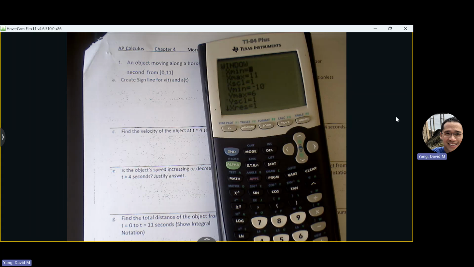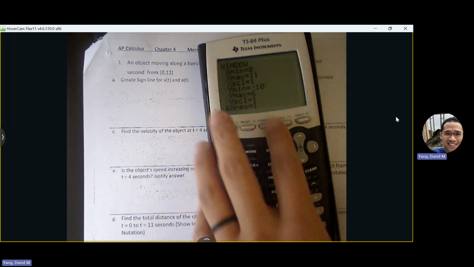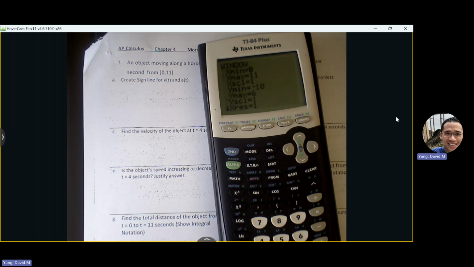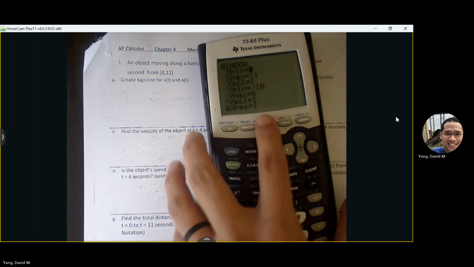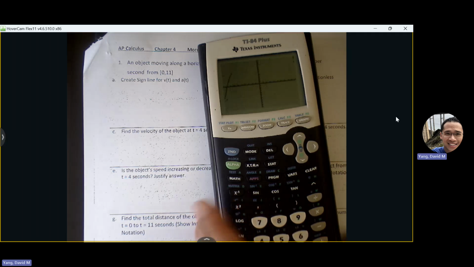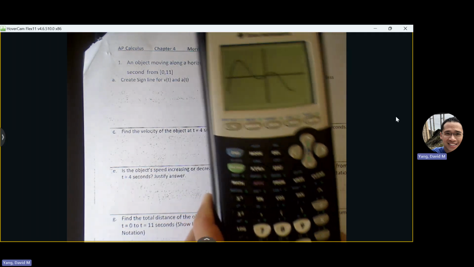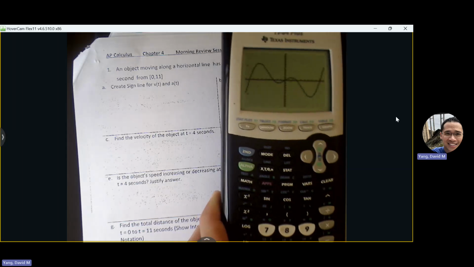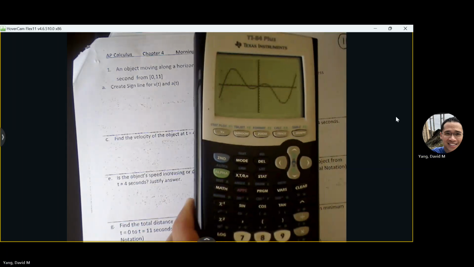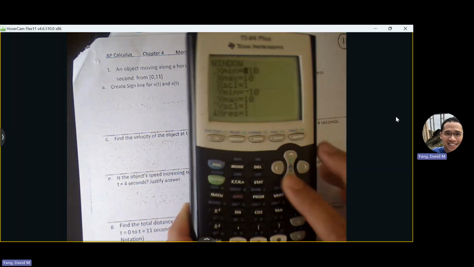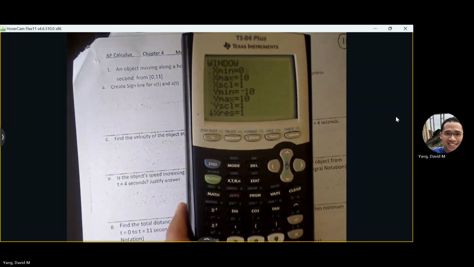So usually negative 10 to 10 is a good spot. If you do zoom 6, that will get you to your standard window. But it may show you more than you need to see because the interval is only from 0 to 11. So maybe I should go back and do my Xmin.